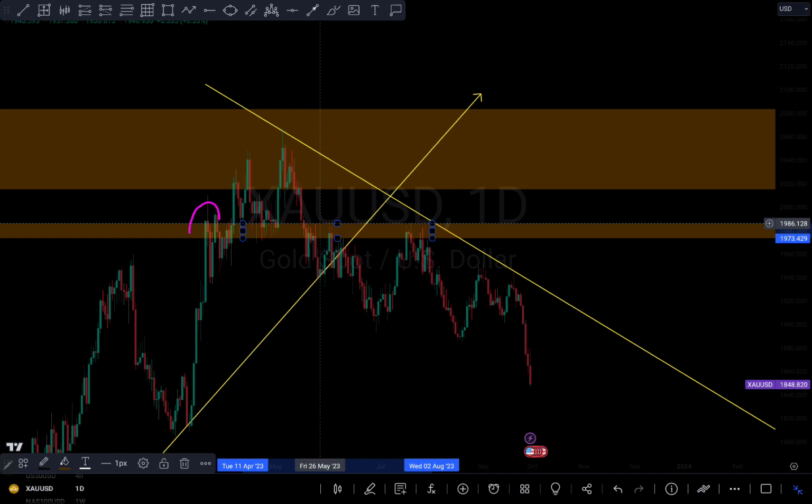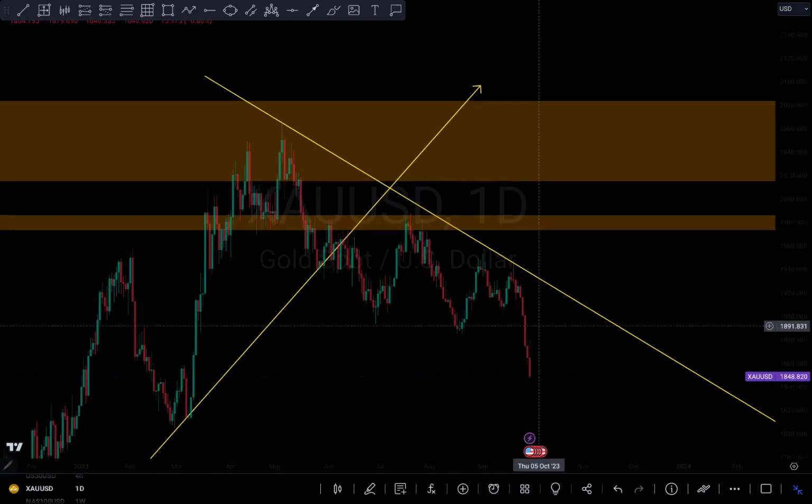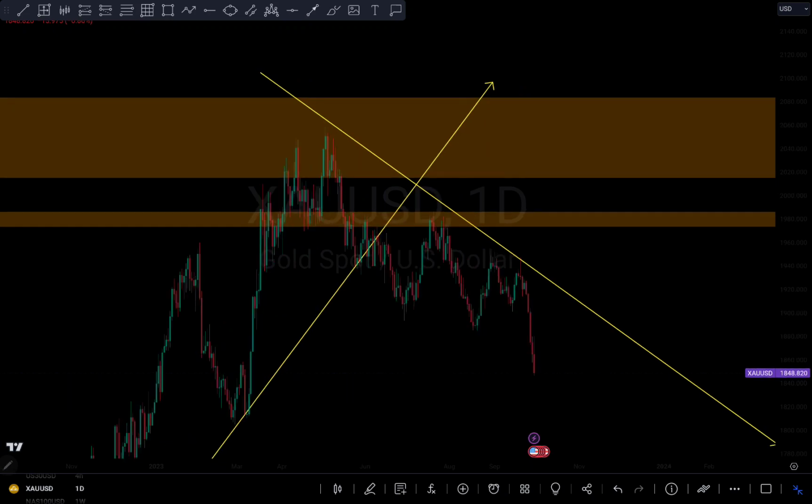You can see a rejection around this area, a rejection around this area, and another around this area. So we have multiple rejections, and that solidifies that zone right there.